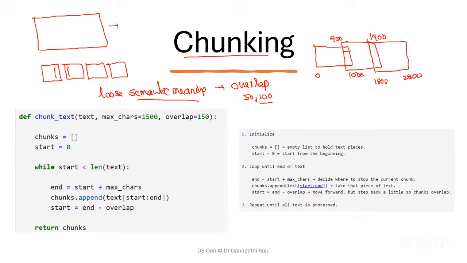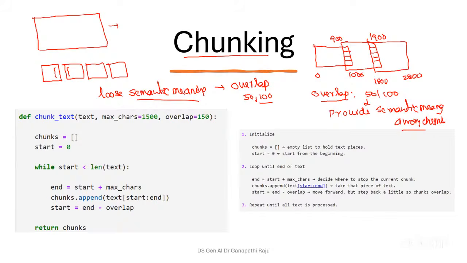This is called overlapping. If we apply overlapping with 50 or 100 characters, then we are not losing semantic meaning among the chunks. It is a very important step.